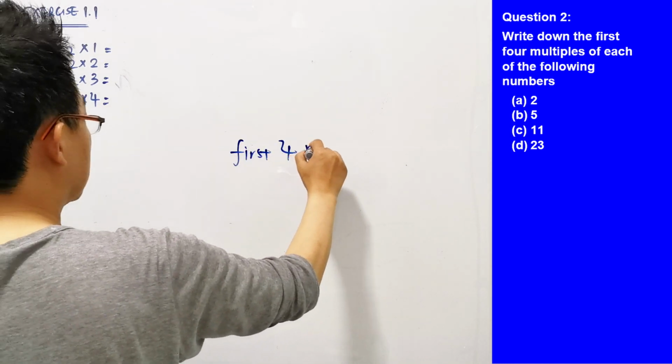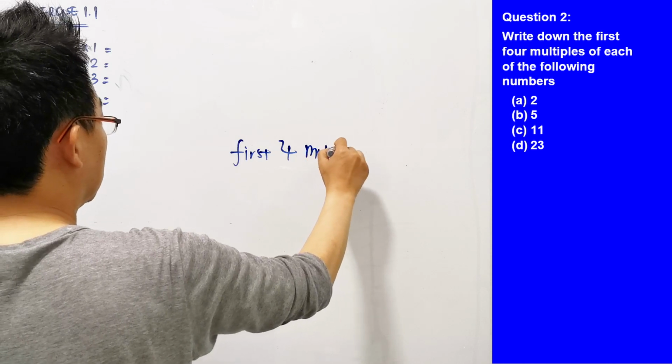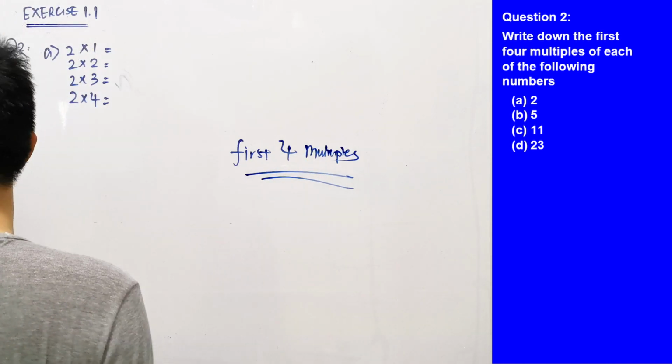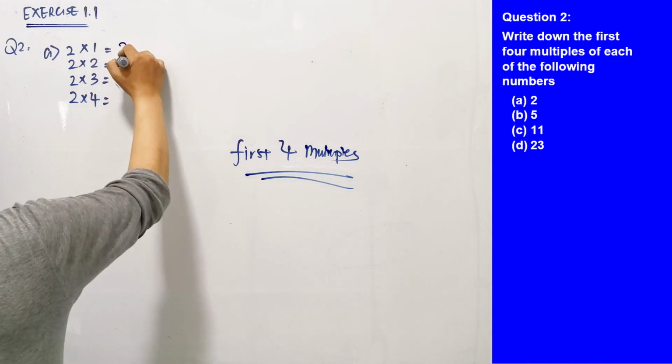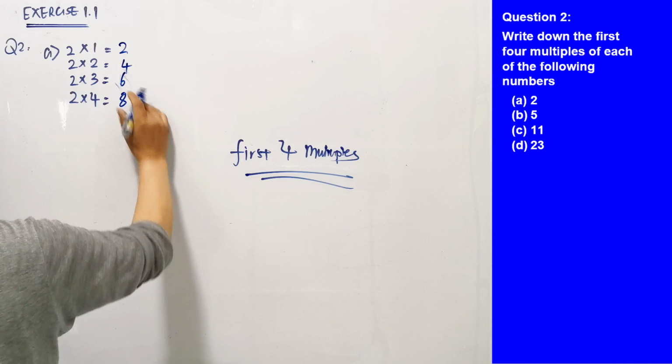The first 4 multiples, so in this case we get 2, 4, 6, 8.